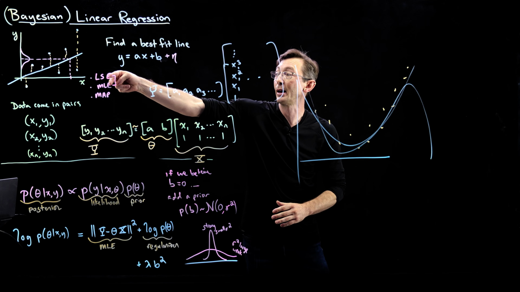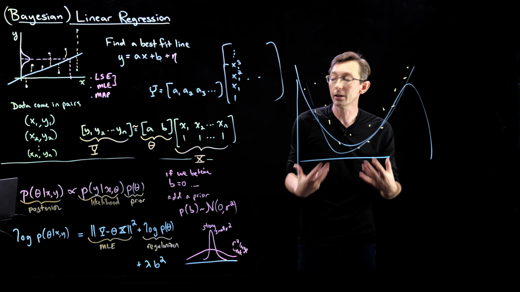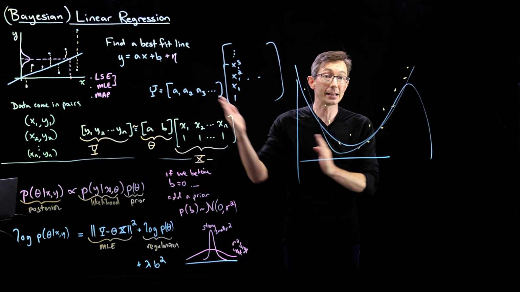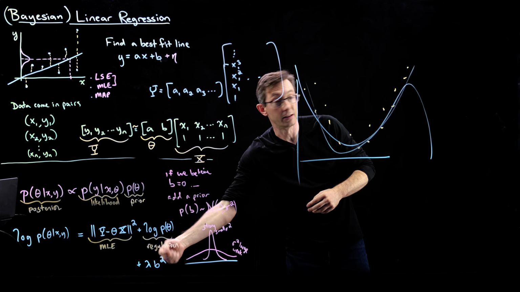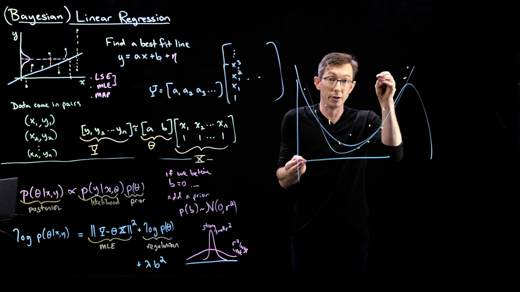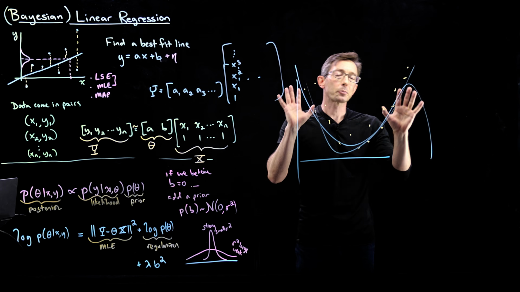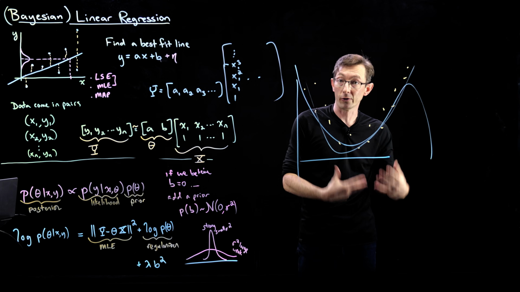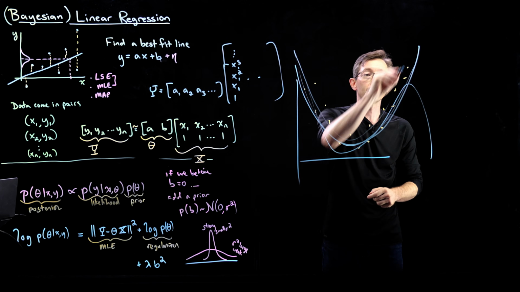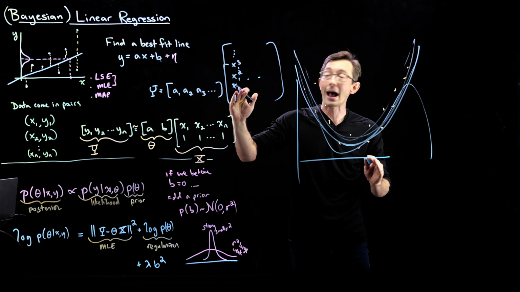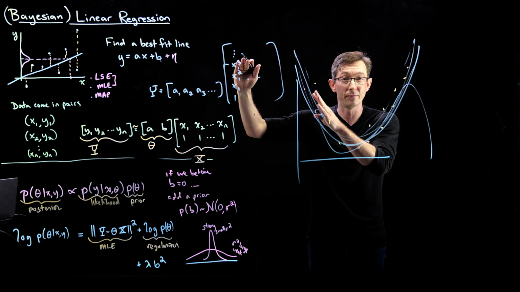In fact, these have a better fit than the MAP estimation. But when you add some priors to regularize these coefficients, maybe you penalize higher order terms, maybe you just penalize the square of the terms, just the 2 norm of these terms, or the 1 norm, you'll find that that goes a long way to preventing overfitting, and it will start to show that in data like this, the quadratic solution might actually be the best one, even though adding a cubic does drive your error a little bit down, and adding a 4th order term drives it a little down more.